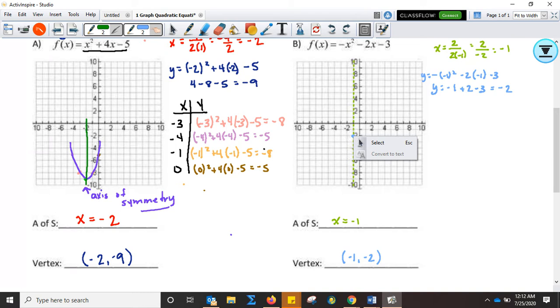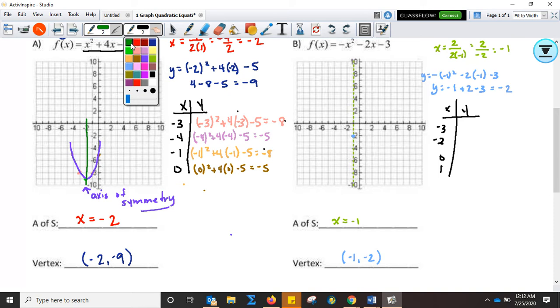Okay, so now to get my table to find some other ordered pairs, okay, -1, so I'm going to go 2 less, -3, -2, and 2 more, 0 and 1. Okay, so now let's plug those in and see how it goes.